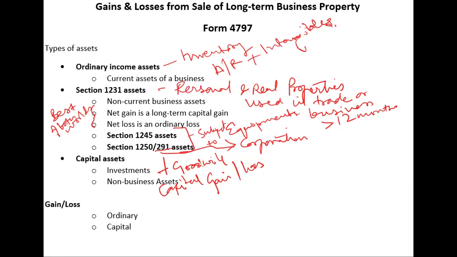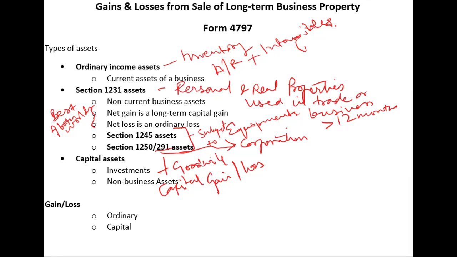And if it is a section 1231 asset, maybe to a corporation who bought the car for business use, it will be treated as a section 1231 asset. And it may be treated as a capital asset if an individual bought the car for personal use. So it depends upon the usage, the way the asset is being held by the taxpayer, which categorizes the asset into ordinary income asset, section 1231 asset, or capital asset.